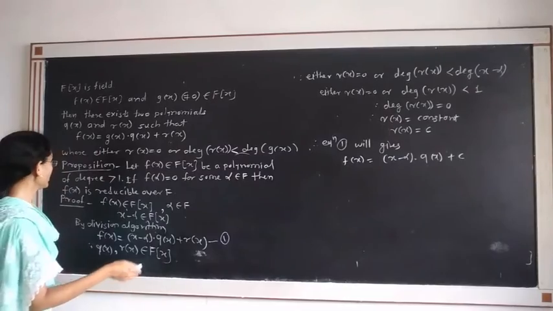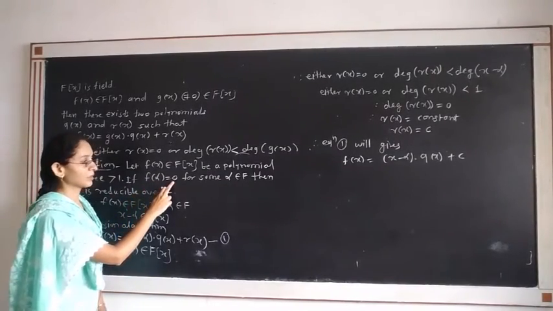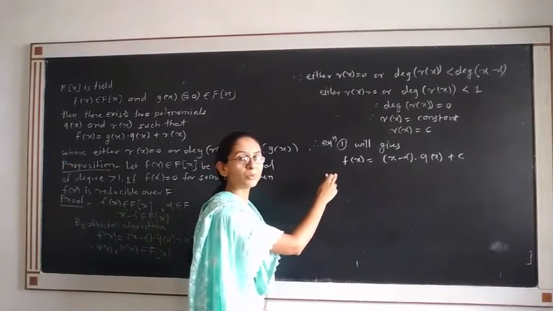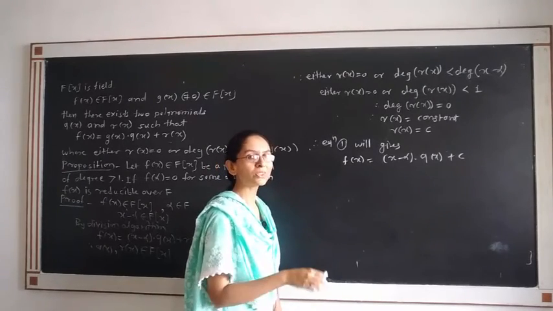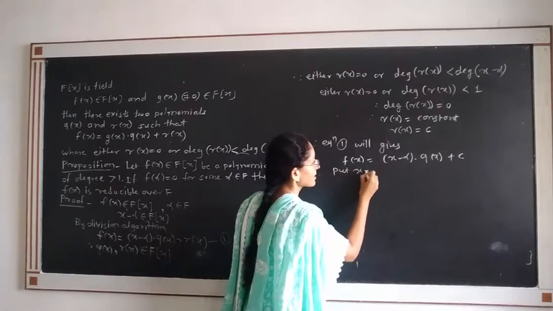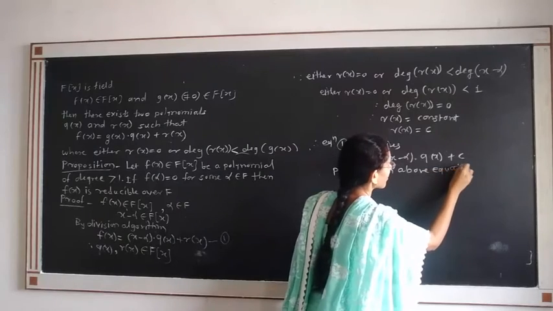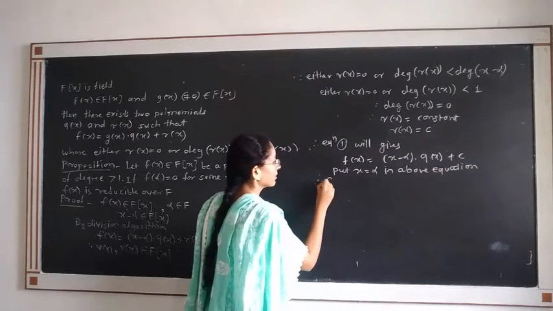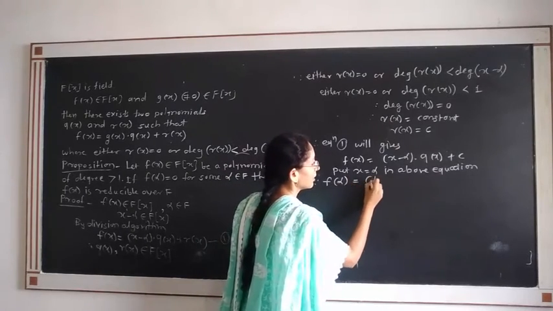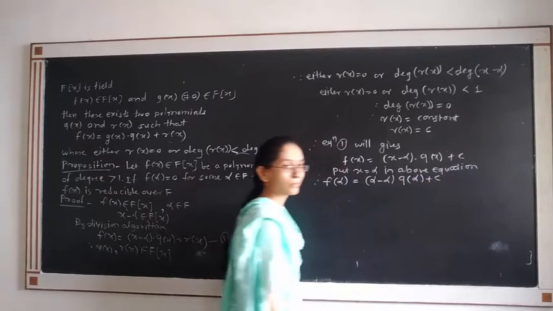Now what is the given condition? Another given condition is f(alpha) equal to 0. This is the expression for f(x). Put x equal to alpha so that you can use the value f(alpha) as 0. Therefore, f(alpha), okay, LHS is what? f(alpha) is equal to alpha minus alpha into q(alpha) plus c.